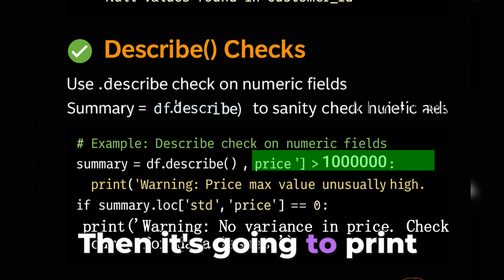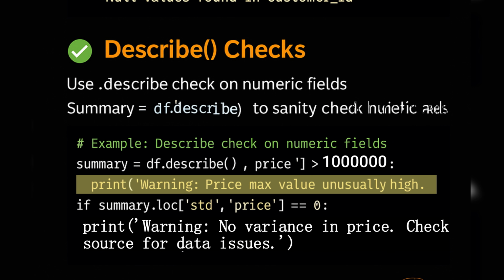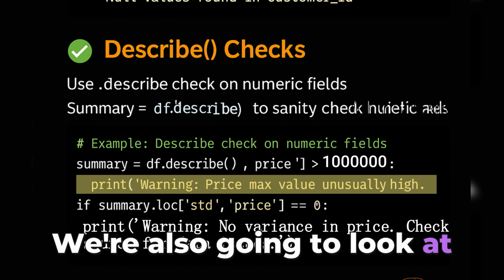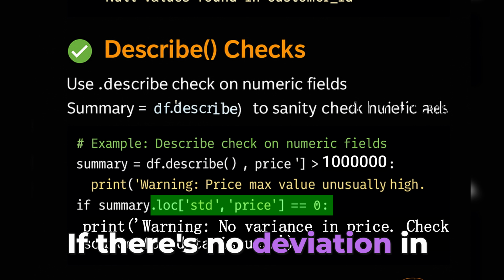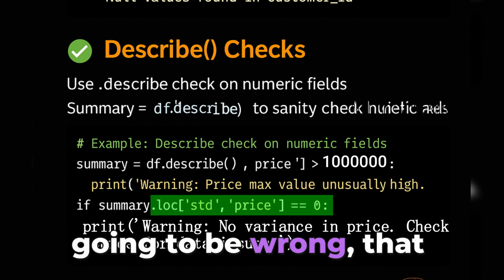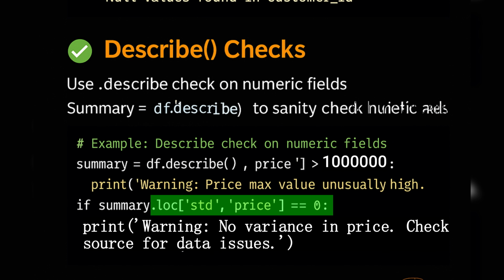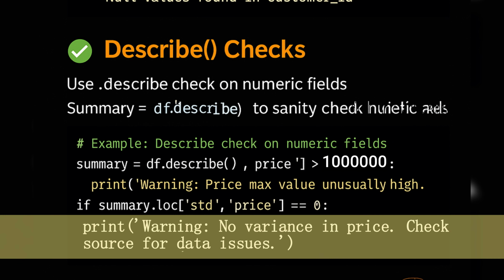Then it's going to print a warning saying that the max price values are unusually high. We're also going to look at that standard deviation. If there's no deviation in the price, which is almost always going to be wrong, then we're going to print a warning saying there's no variance in price. Be sure that you're checking the source for data issues.